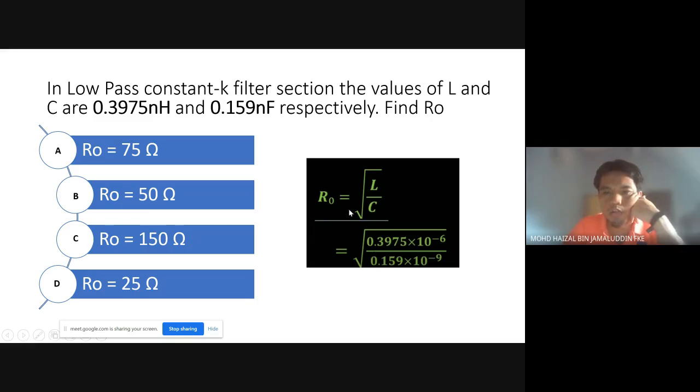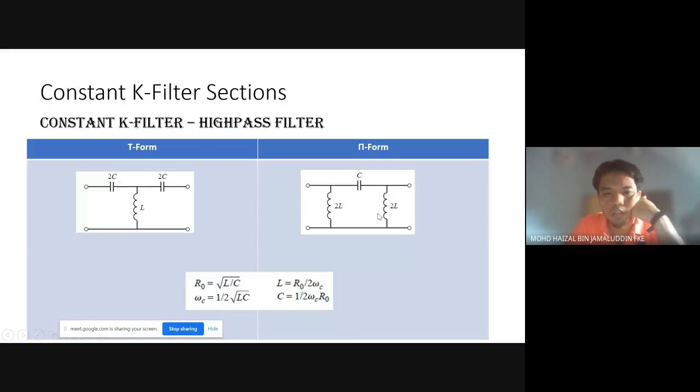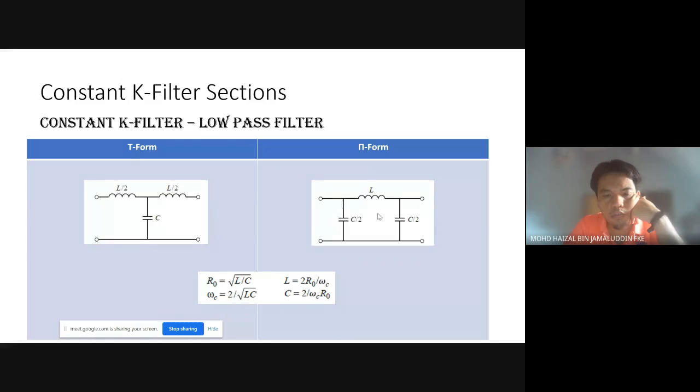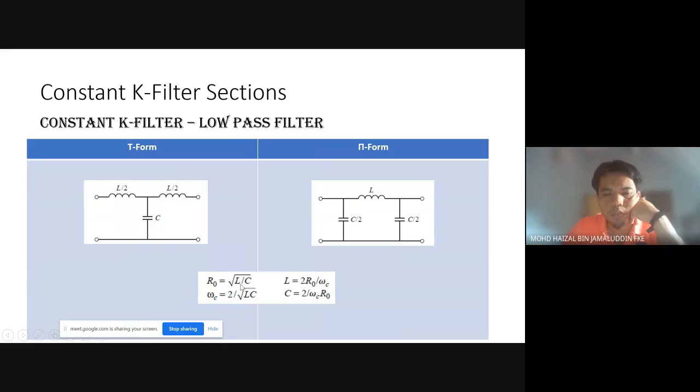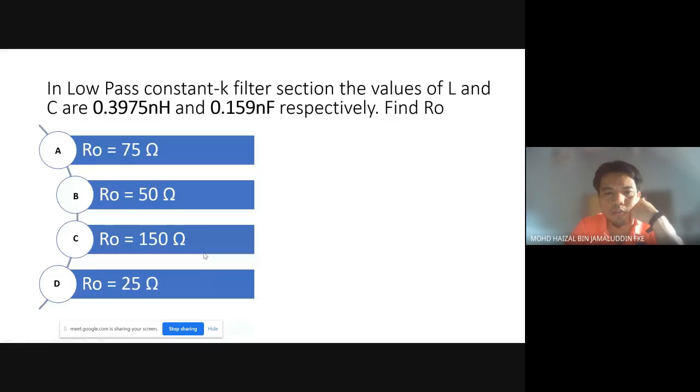Where does R0 equivalent to square root of L over C come from? We look at this formula. This is the formula for R0 equivalent to the square root of L over C for the low pass filter. So this is just a direct question.